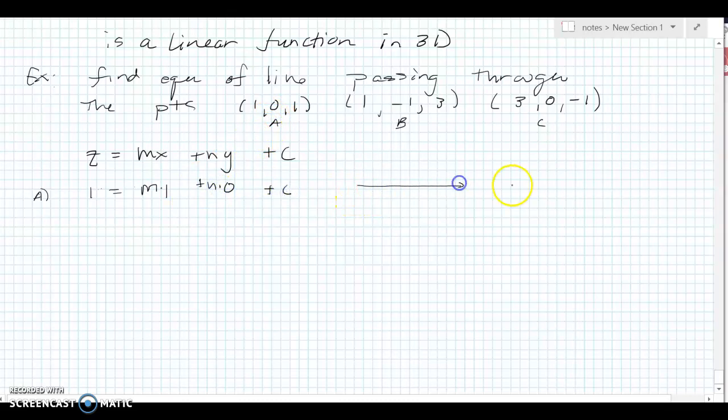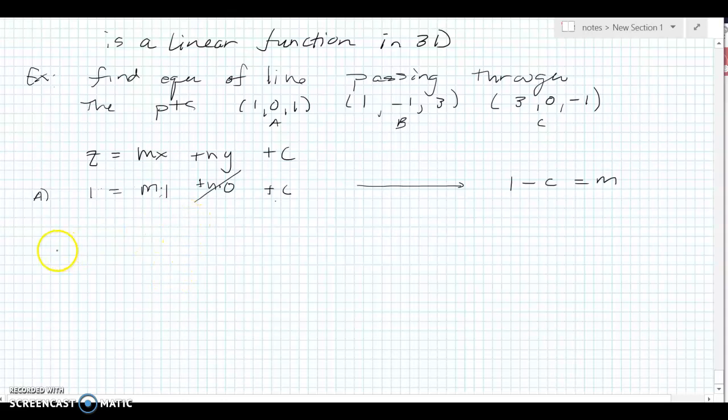That gives me the equation 1 minus c equals m.